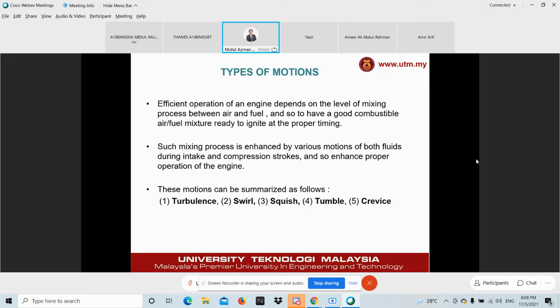Okay, depends. If the engine is a performance engine, probably it is designed for turbulence, for example. If the engine is designed for fuel economy, then the engine is designed to have swirl or squish motions and so forth. Same goes for tumble and crevices.